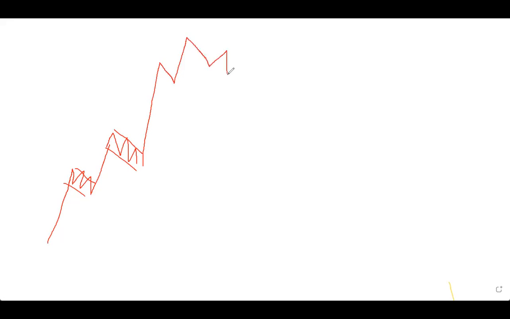And a head and shoulders pattern is a reversal pattern, meaning that when you are coming from the bottom up, you get flags, right? And then you move up. This is a flag. You get a couple of flags. When you are in an uptrend, you get a couple of them. And when that uptrend ends, you get a head and shoulders pattern.